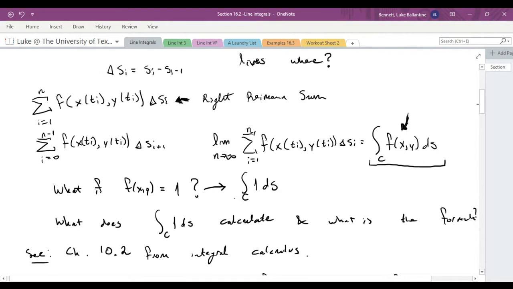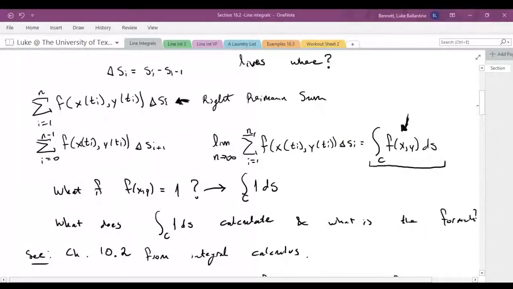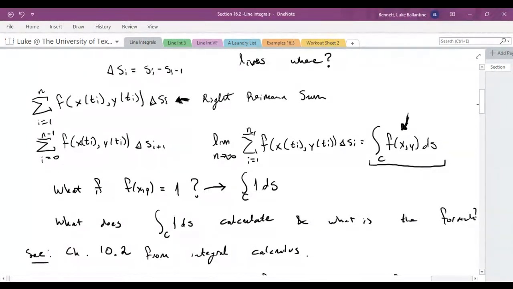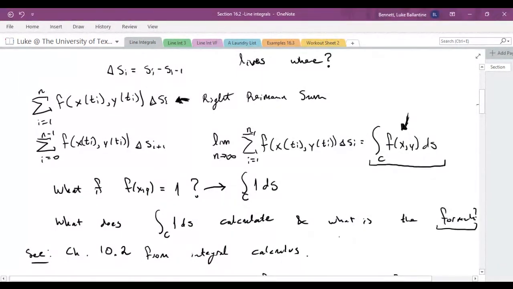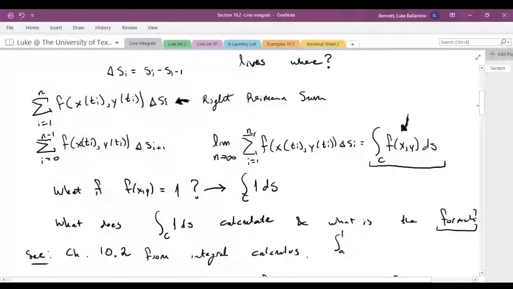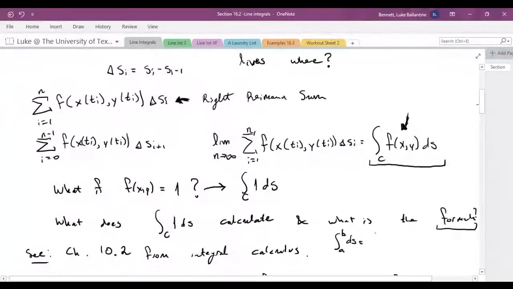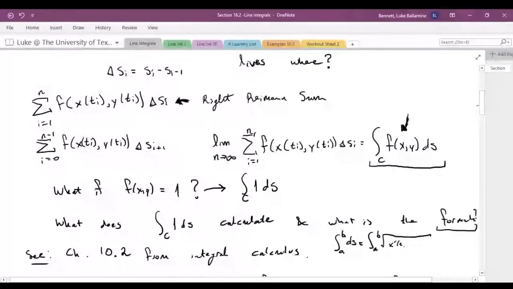Well, I would revert you back to chapter 10.2 calculus, and recall the formula for ds. We have the integral from a to b of ds. This was the integral from a to b of the square root of x prime of t squared plus y prime of t squared dt.